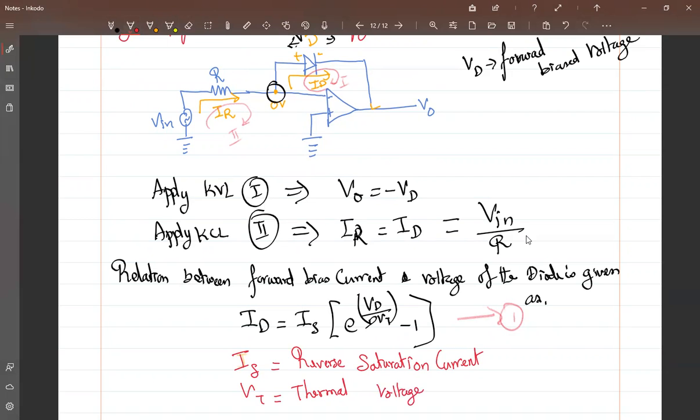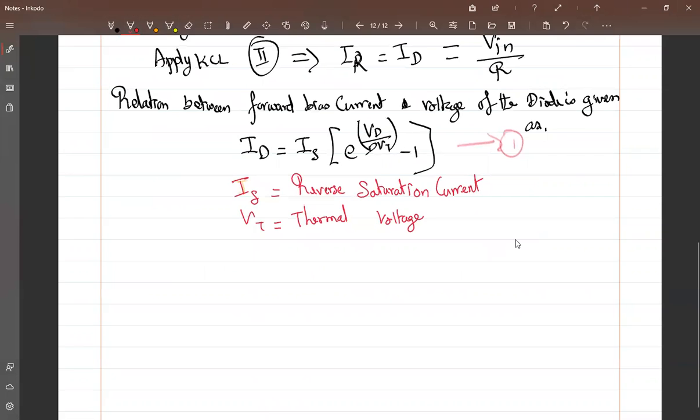Also, the thermal voltage can be represented as VT is equal to KT by Q. In some books they follow this equation, representing the thermal voltage alone.